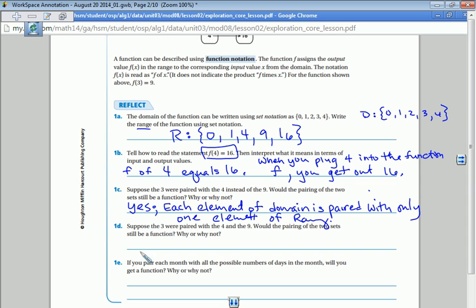No. And the reason it is not a function is because 3, which is an element of our domain, is an input that is paired with more than one output. And therefore, it's no longer a function.